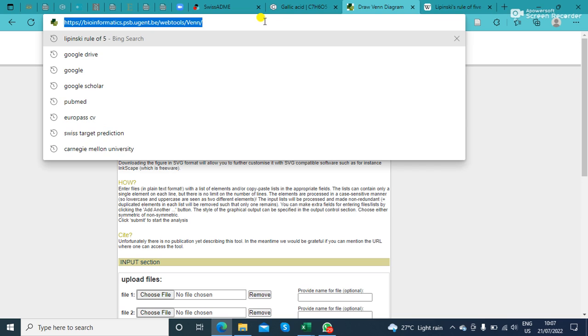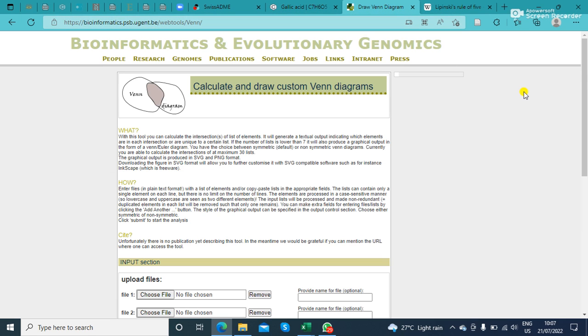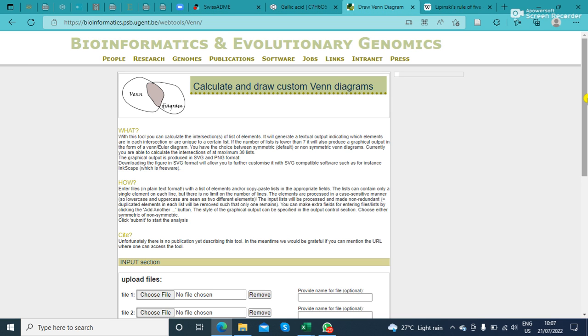We will use this platform, bioinformatics.psb.ugent.be web tools Venn. It's a bioinformatics platform that has different functionalities. For us, we are just interested in the Venn platform.